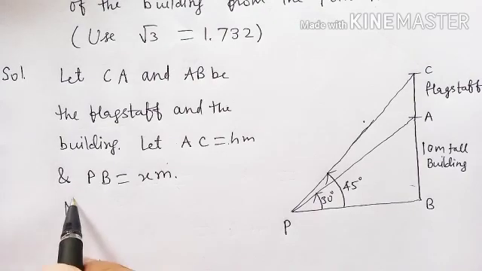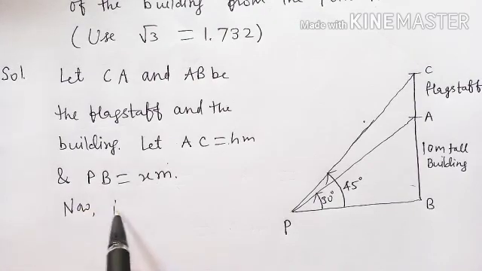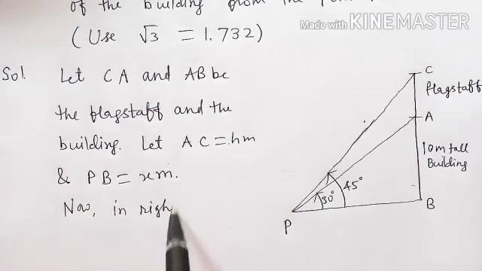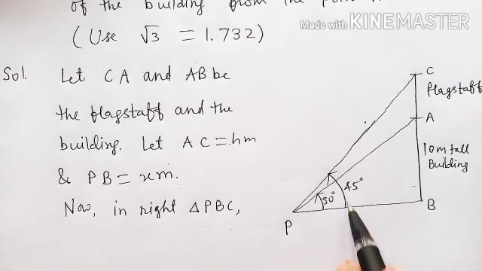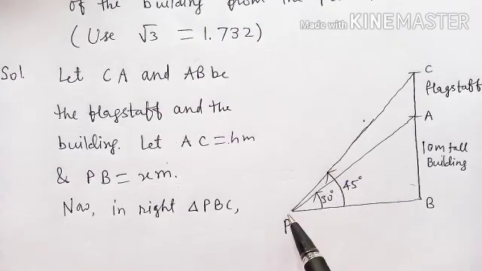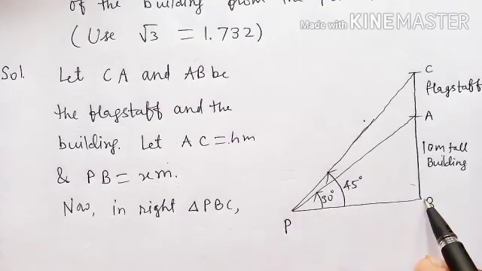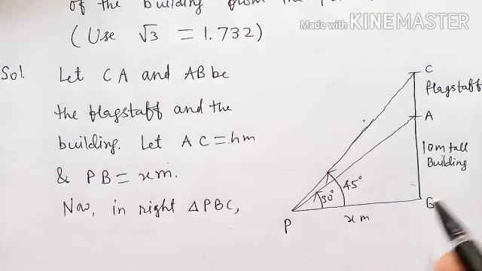So now in right triangle PBC, we have to apply tan rule because we have theta 45 degree. We have to find BP, which is x meter.